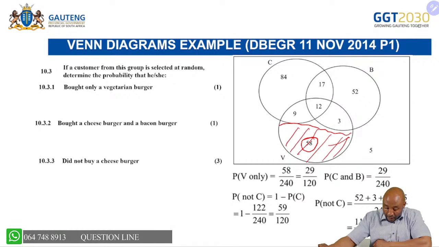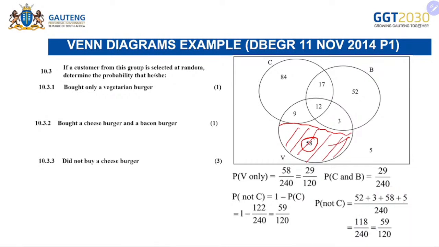Bought a cheeseburger and a bacon burger. You are able to see there the solution. We want to find cheeseburger and a bacon burger. We have seen that. We said we are looking at the intersection. So it's 17 plus 12, all this over our sample space.